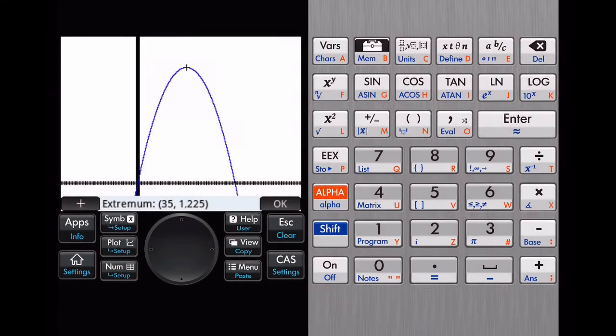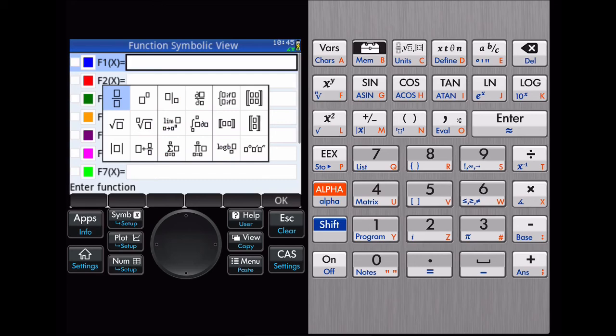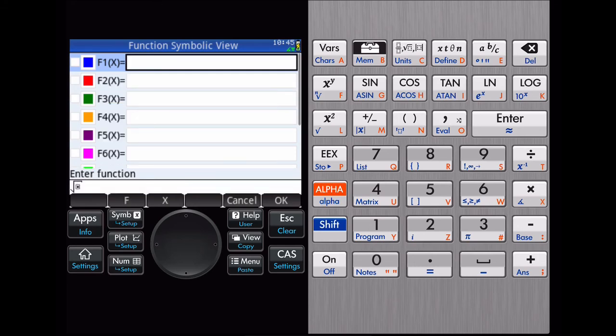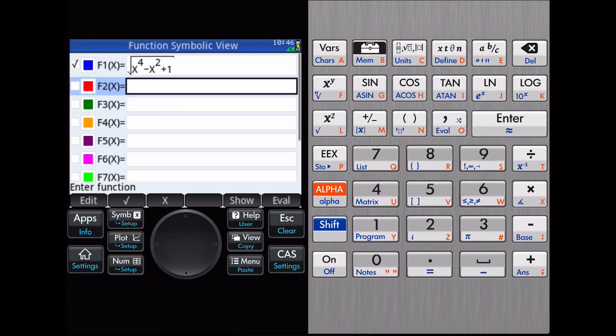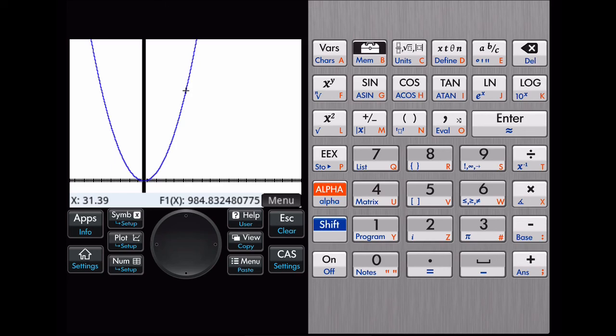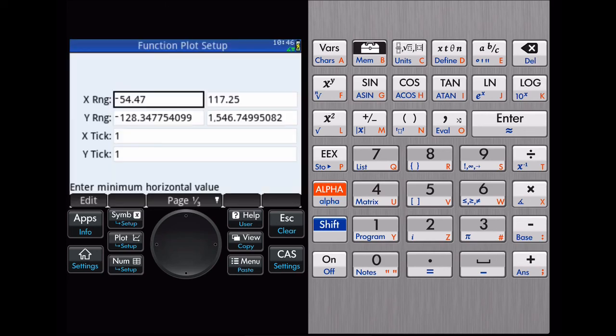So we go back to it. Let's put the square root of x to the 4th minus x squared plus 1. And we got to get a better picture, so let's standardize it again.